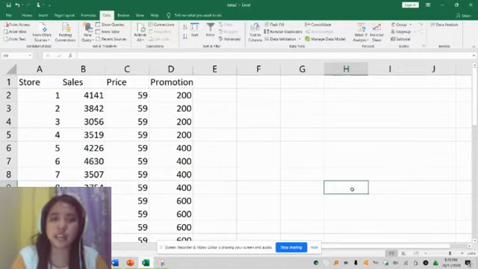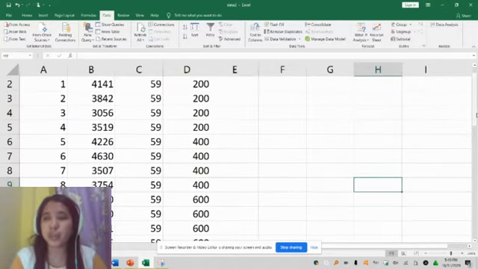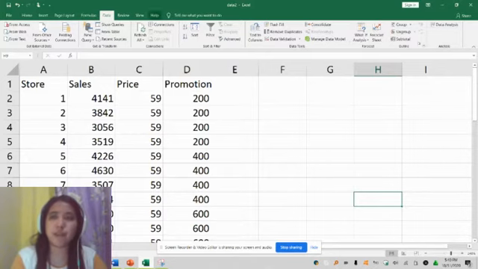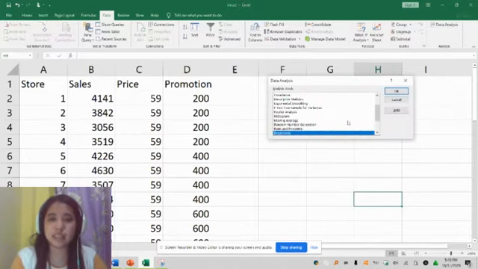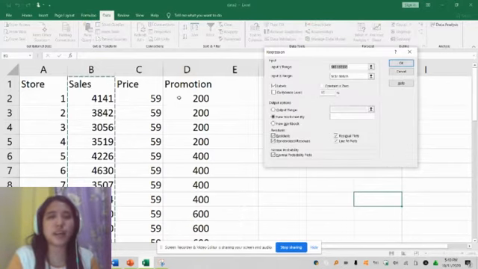So you just need to make sure again that data analysis is in your Microsoft Excel. What you need to do is to click data analysis, and then locate regression and click OK. Here, our input Y range is the sales.